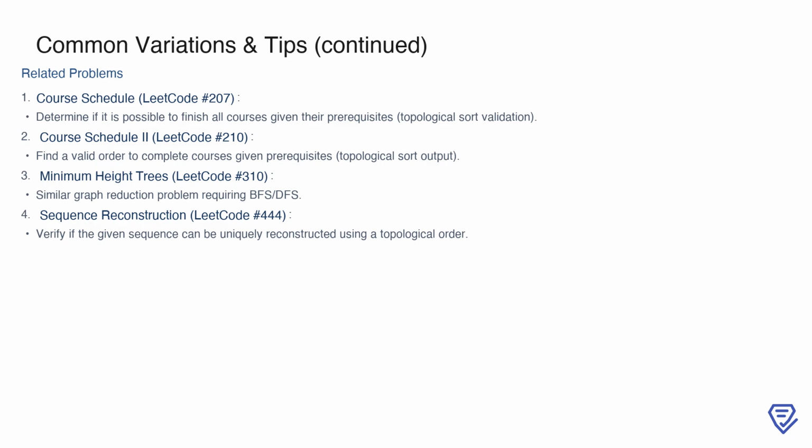Another related problem is minimum height trees, LeetCode number 310, where you reduce the graph iteratively to find tree centers, using BFS or DFS techniques. Finally, sequence reconstruction, LeetCode number 444, involves verifying if a sequence can be uniquely reconstructed using a topological order. Exploring these problems can deepen your understanding of graph traversal and help you recognize patterns applicable to parallel courses.